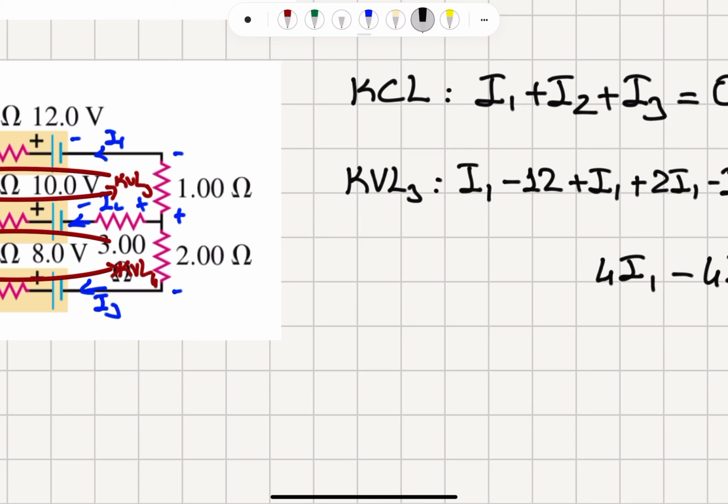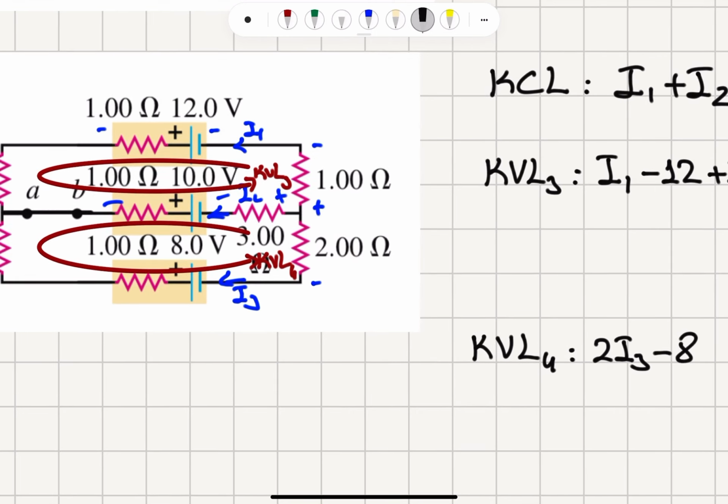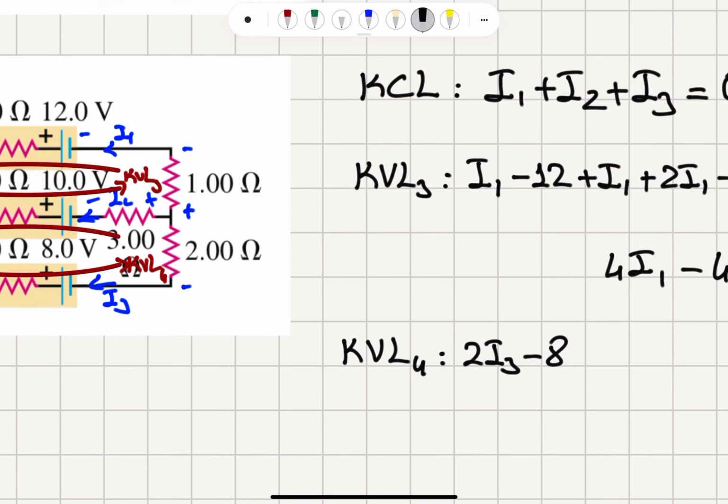So now I'm writing Kirchhoff's voltage law, the fourth one, 2I3, because I see the plus terminal here. Then I have minus 8 volts, 2I3 minus 8. Then I see the plus 1I3 here. Here I'm going through this plus minus. So plus I3 for this branch.